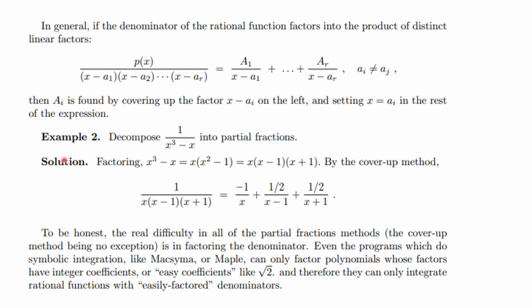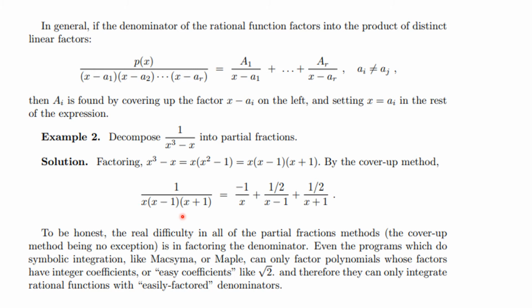Let's do another example. We want to decompose this into partial fractions. Well, the first thing you have to do is factor the denominator. So that factors into 1 over x times x squared minus 1, and then this factors again, you factor completely into x minus 1, x plus 1. We get this.